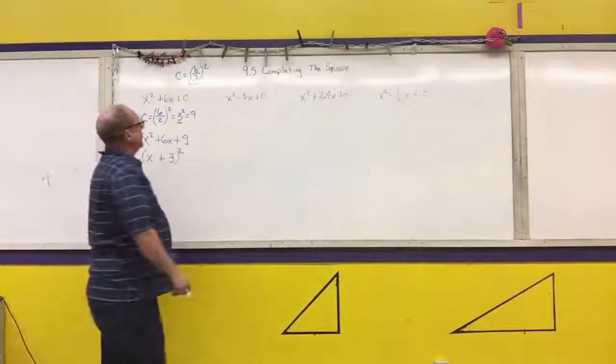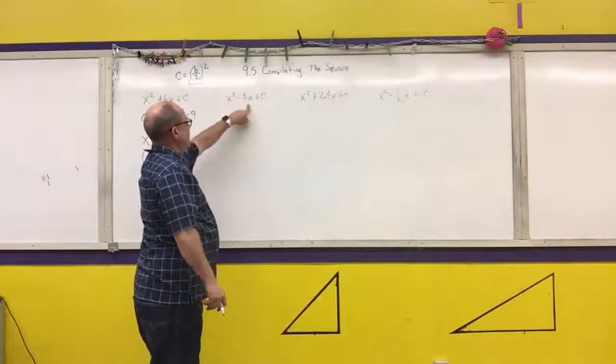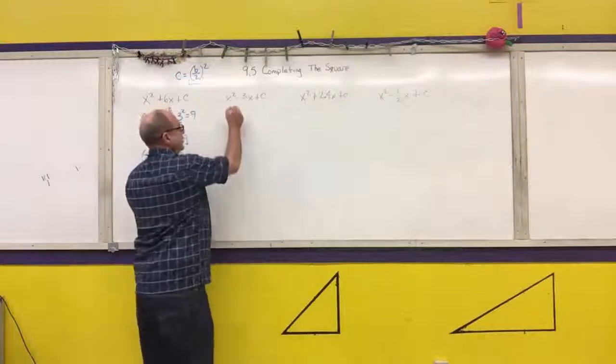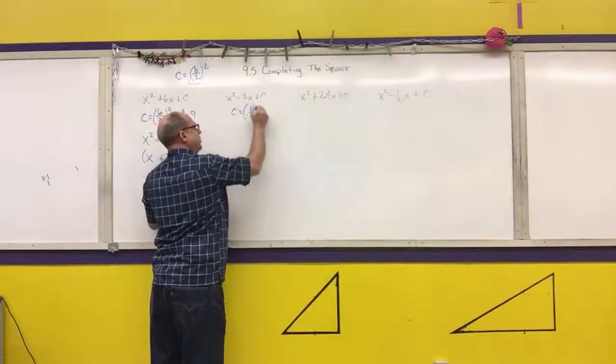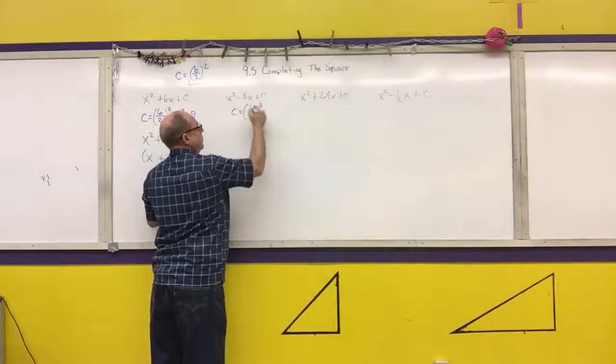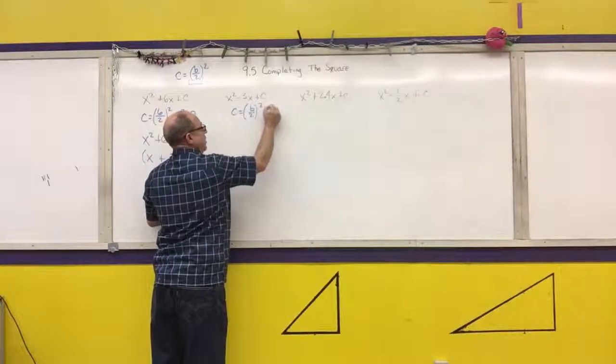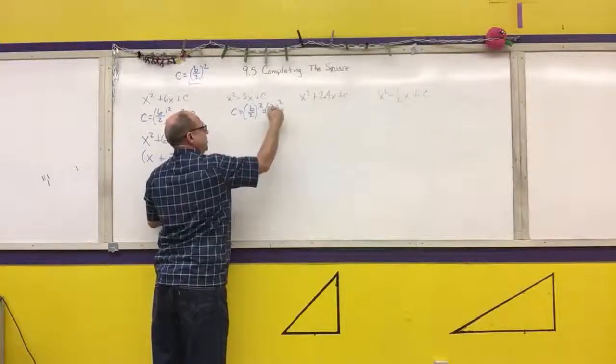Okay? Next example, x squared minus 3x plus c. C is equal to b over 2 squared, which is negative 3 over 2 squared, which is negative 3 squared is 9, 2 squared is 4.